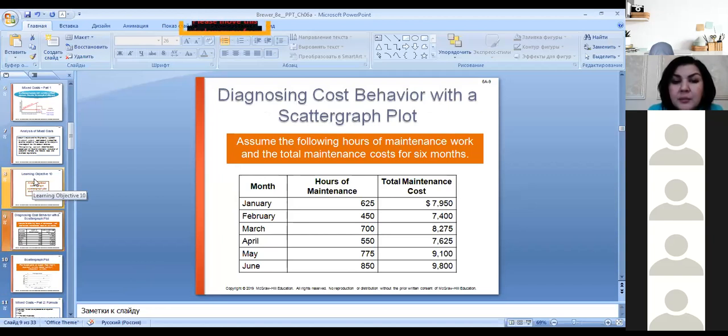We have an example here. Assume the following hours of maintenance work and total maintenance cost for 6 months.